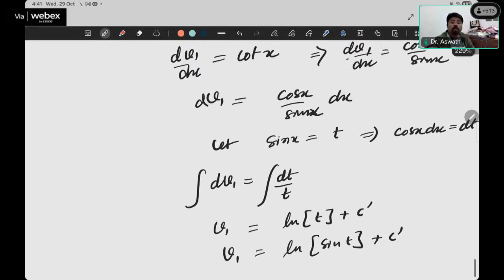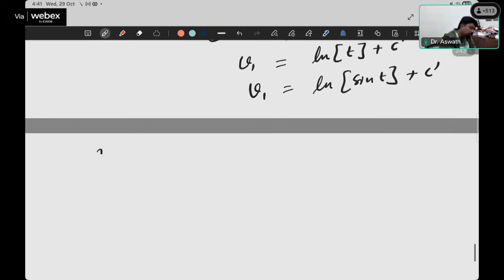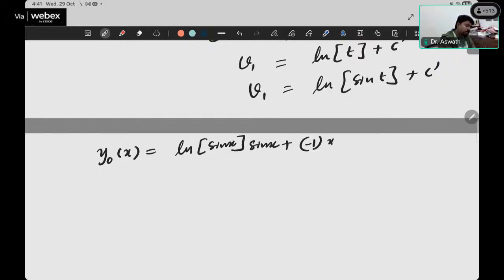Okay, so v1 I got, v2 I got. From there, you can easily find the actual solution. The actual solution is y naught x equals v1, which is log of sin x, into sin x, plus v2, which is minus 1 into x, into y2, which is cos x.